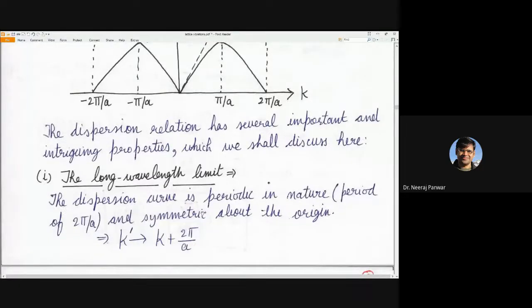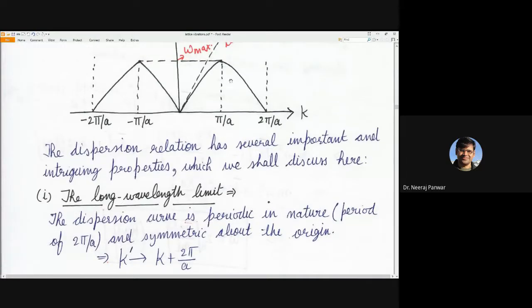The dispersion curve is periodic in nature. Periodic in nature means, like we have discussed in the band theory of solids, if we consider the higher zones, they can be transferred, because our lattice is periodic. Whatever parts of the E-k diagram were lying in the higher zones can be transferred to the first Brillouin zone.